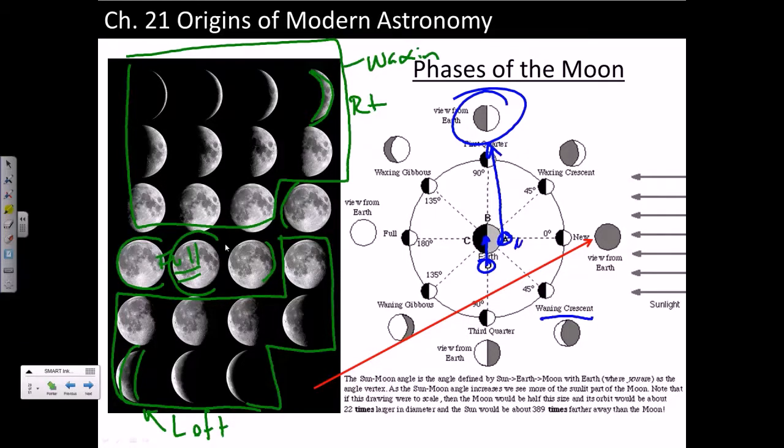So that means at noon, the first quarter moon here is rising, okay? As I move through my day, when is the first quarter moon going to be directly overhead? Well, it's when I get to the light-dark boundary, so 6 p.m., let's say.